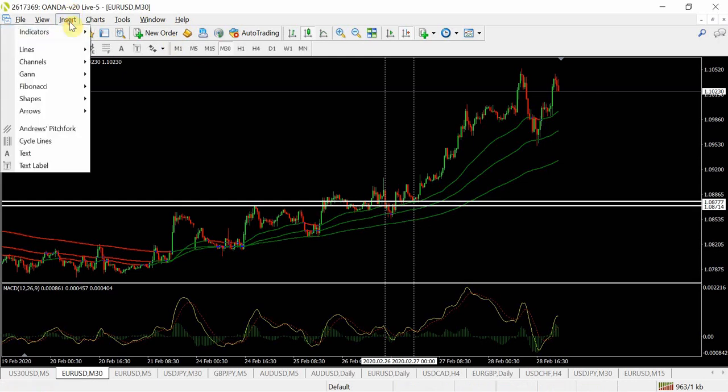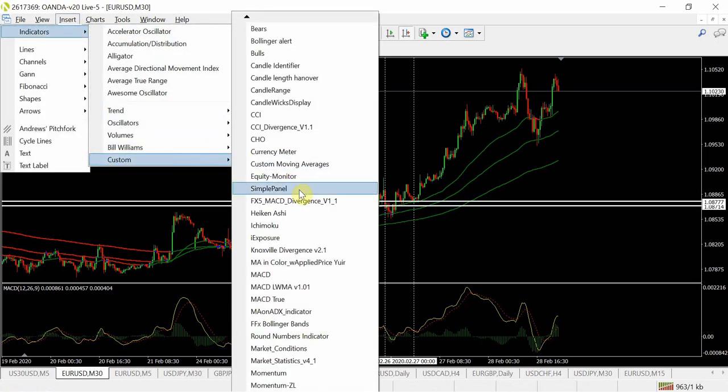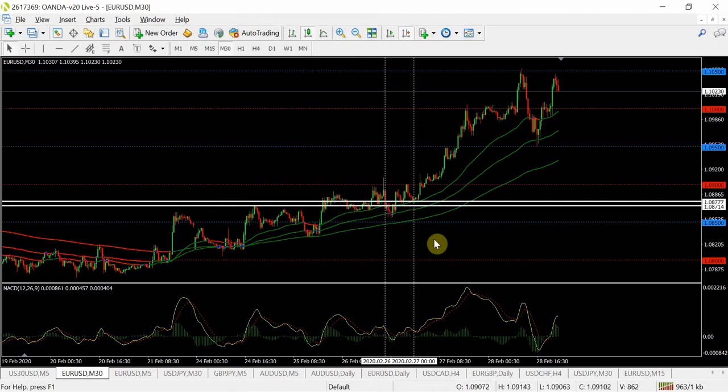The second one, which you guys know I like to use, and again, I'll link the video so you guys can have a look at that, is the round numbers indicator, which is basically whole numbers as natural support and resistance. So you can see here the 1.08500 level is over here, which is pretty much near bang on the EMA.